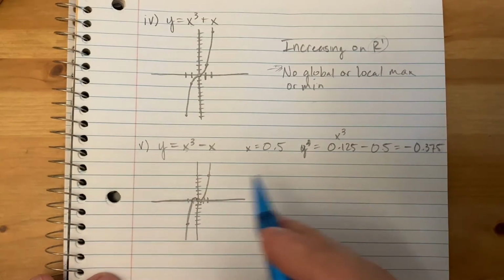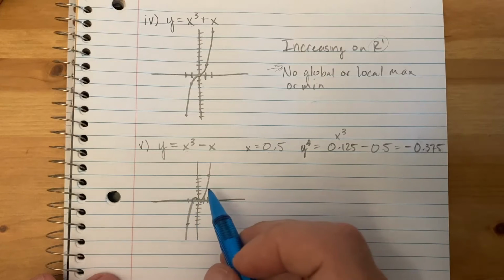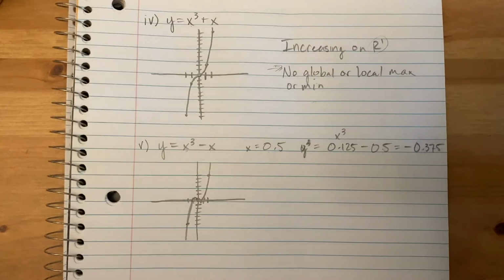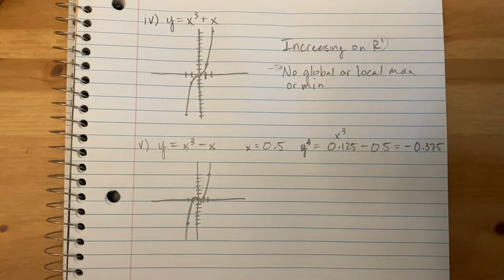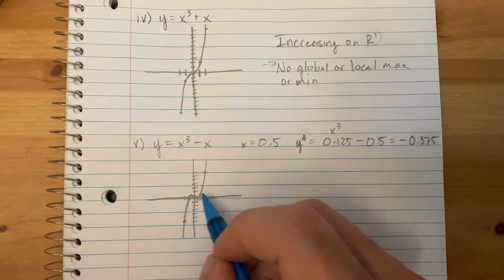Now, I'm not 100% sure that this positive 0.5 and negative 0.5 for x are mins and maxes. And without using calculus, I'm actually not too sure what would be the best way of figuring out those specific maxes and mins here, this max and this min.